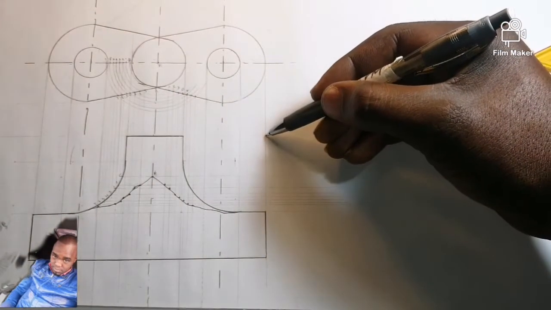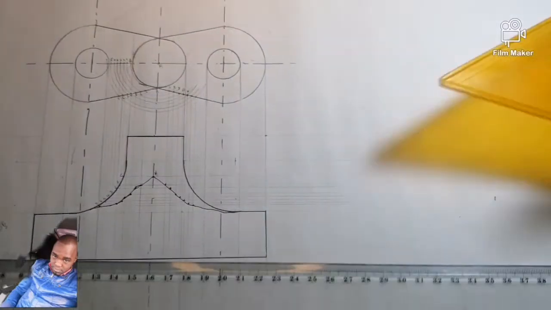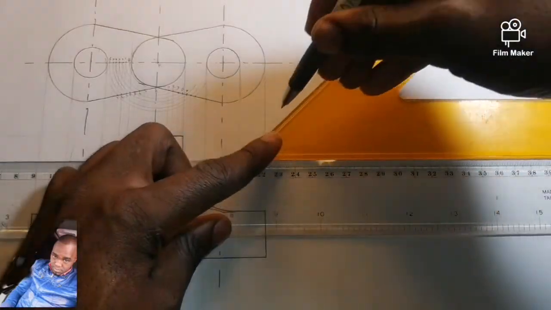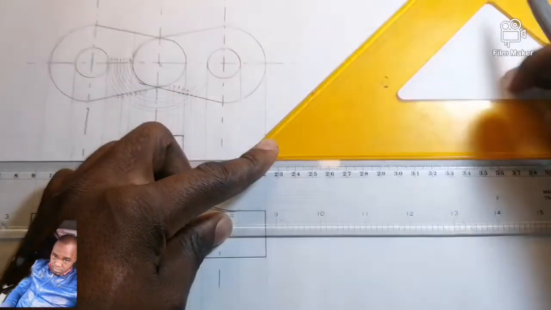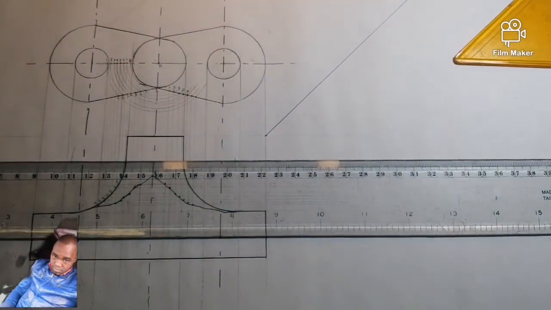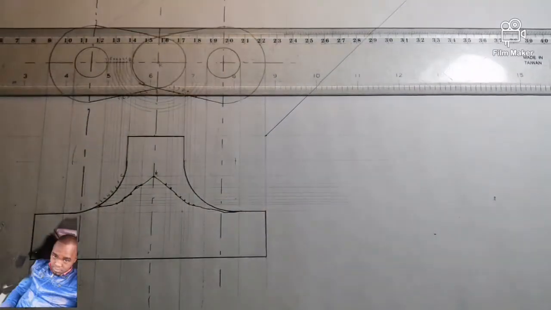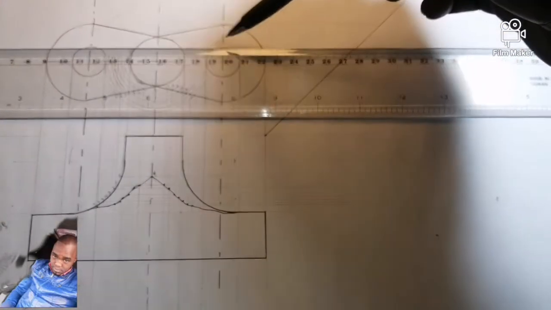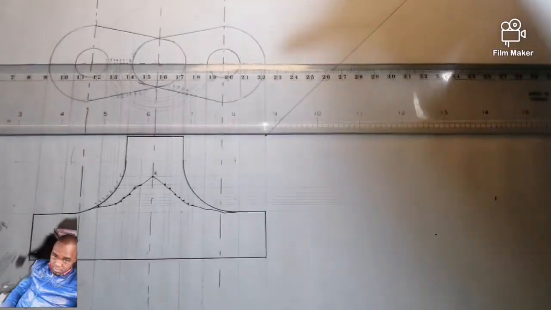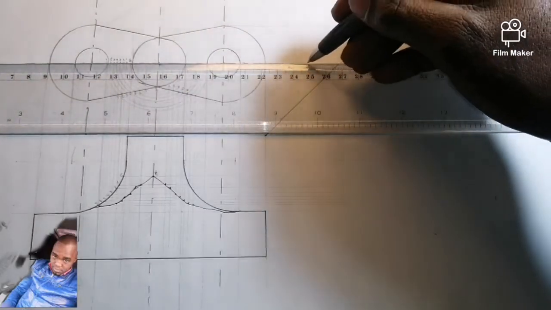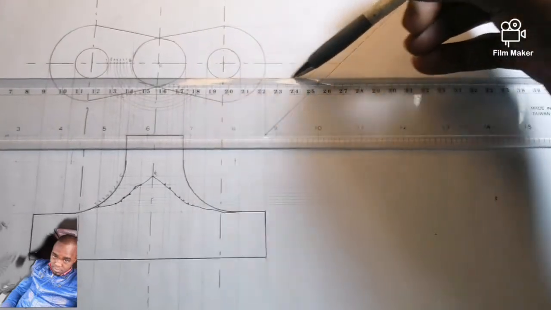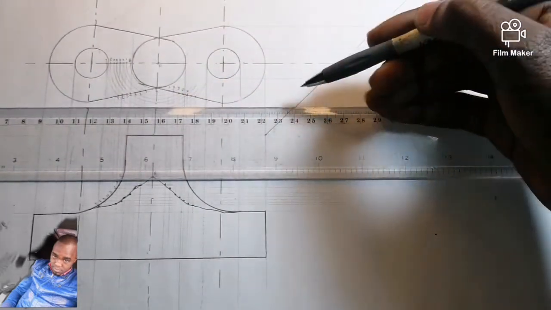So from this line, from this point, you are going to have a solid dark line. That's going to be like this. Then you take all the points right from your top view, even the center, this one is already there.